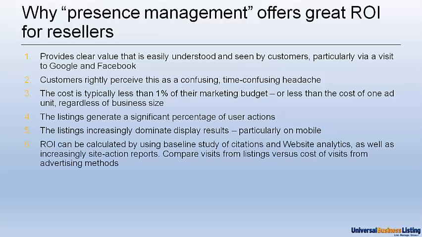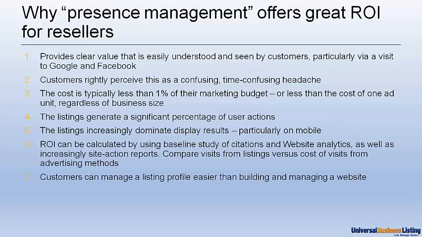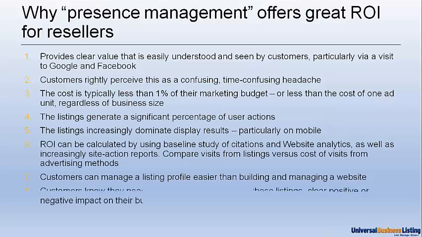And the ROI can be calculated by using baseline studies of citations and web analytics and of the site action reports, like on Google Places, the impressions, and you compare the number of those visits and what it typically costs you to buy visits via advertising. And it becomes a very simple ROI equation. And of course, customers can manage a listing profile easier than they can build their own website.